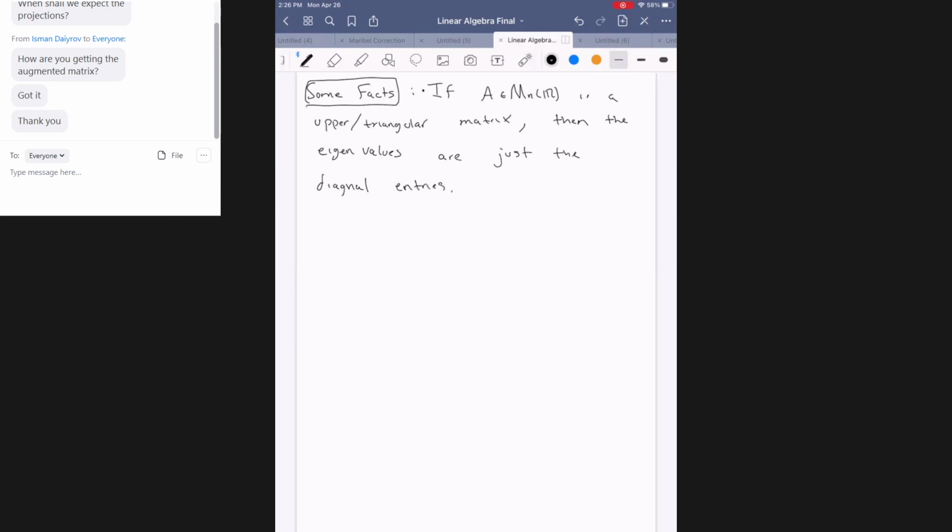Okay, so literally, if it's upper triangular or lower triangular or just diagonal, the eigenvalues of that matrix are just what the diagonal entries are.